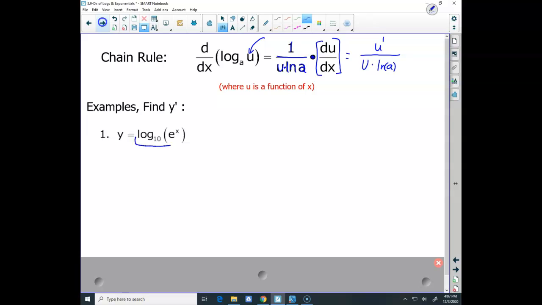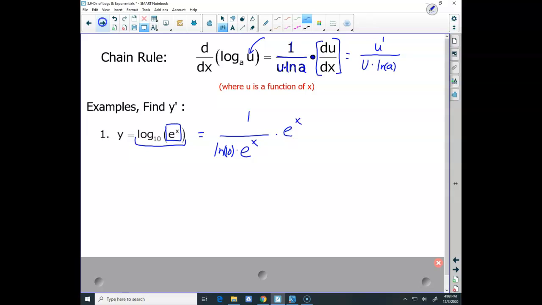Hey, this is base 10. It's common log. If I followed this formula, I could say, oh boy, all right, well, here's my argument, and I really got to think about it, to be honest, because I have 1 over e to the x times the ln of 10, because that's my base, and times the derivative of my e to the x, which is still e to the x.